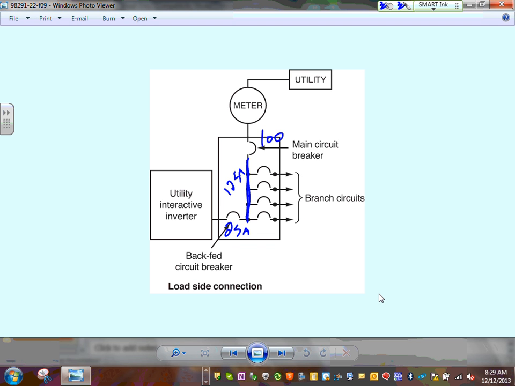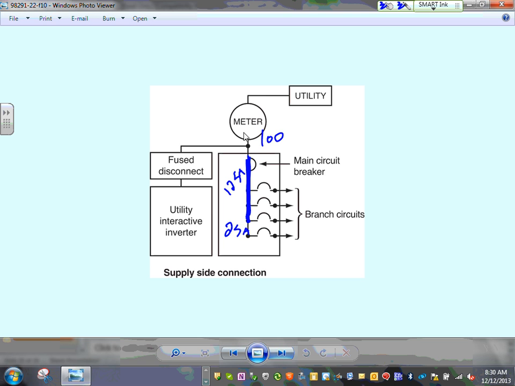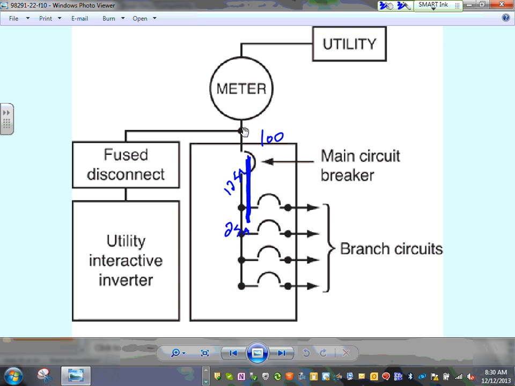The bus cannot be more than 125 amp of what you're bringing. There's a limitation on how much you can put in order not to overload your system. And if you feed on the line side, who cares?